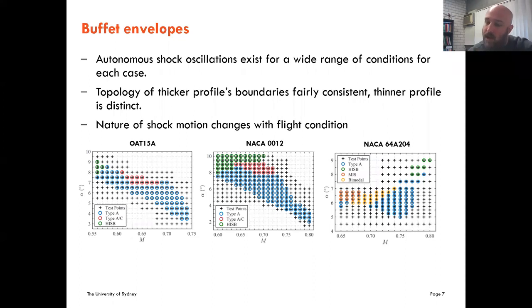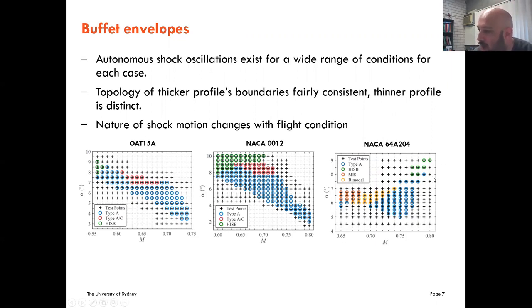Then as the cycle moves along, it slowly reappears over the upper surface and grows in strength as it moves downstream, and then it restarts the cycle. And we also have this high incidence shock buffet, and we'll talk about that in a second.